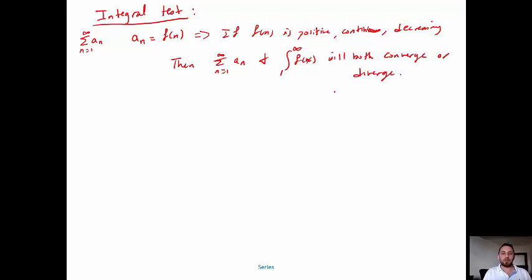But it is important to highlight that the summation of the series is not necessarily equal to the summation in the continuous form, which is the integration of the function. The integral test doesn't provide us with the summation.